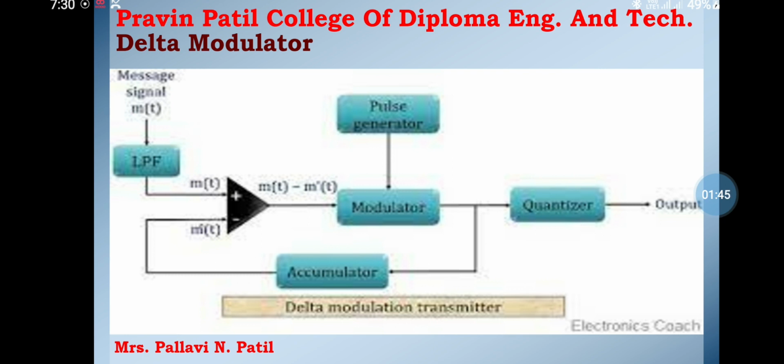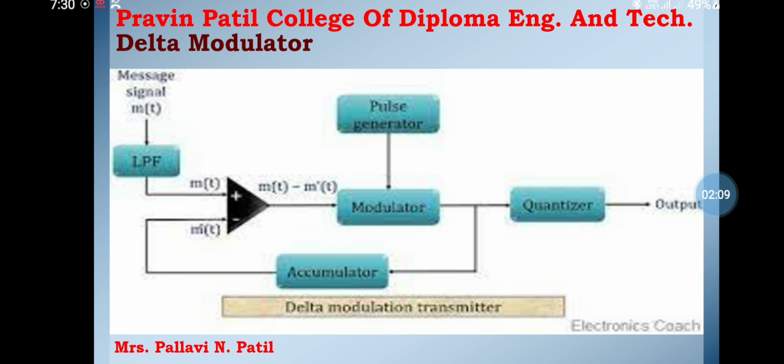Delta modulation is a differential pulse code modulation technique in which the difference signal is encoded into a single bit. It provides a staircase approximation of the input sampled signal, where only 1 bit per sample is transmitted.